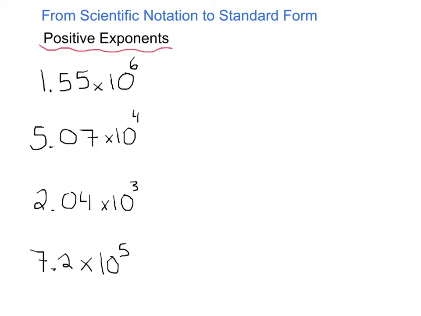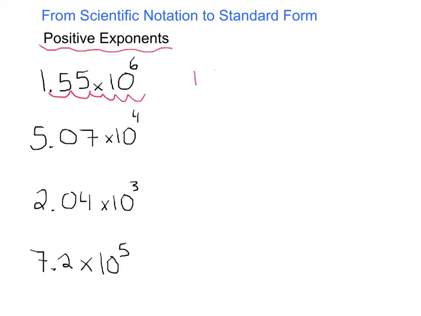Alright, let's start with the top one, 1.55, and that's times, not the variable x, times 10 to the power of 6. Whatever the exponent is, that tells you how many times to move the decimal place. The decimal place is in between the 1 and the 5. We're moving it to the right, so we move it twice, which means we have to move it 4 more times, and every time we move it after that, we add a 0.